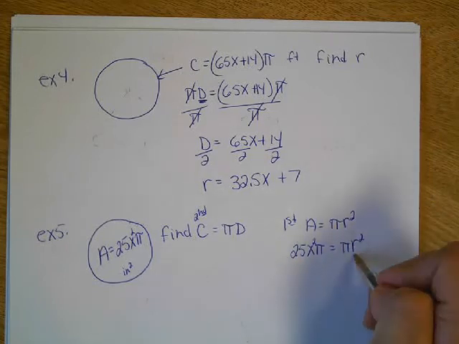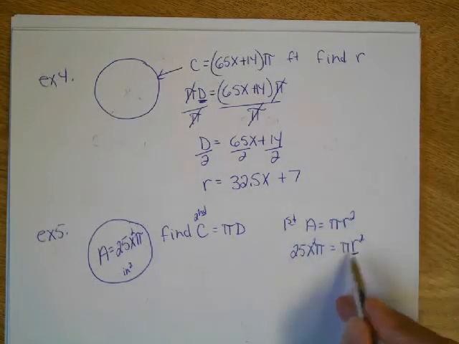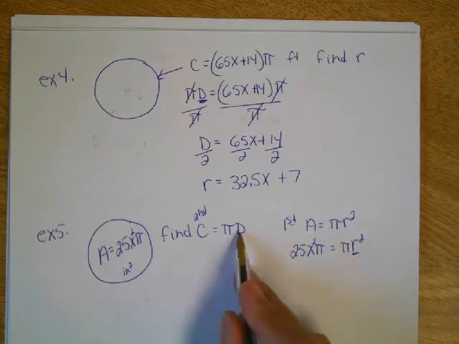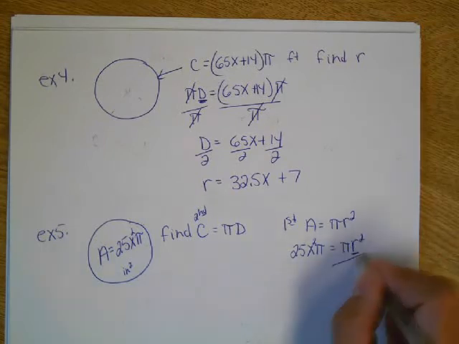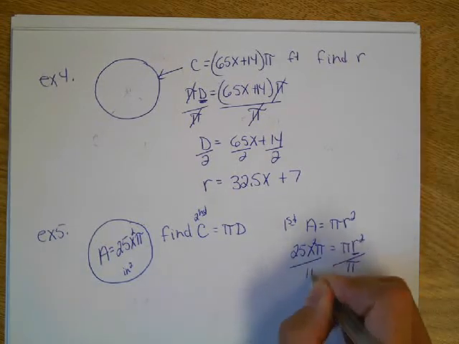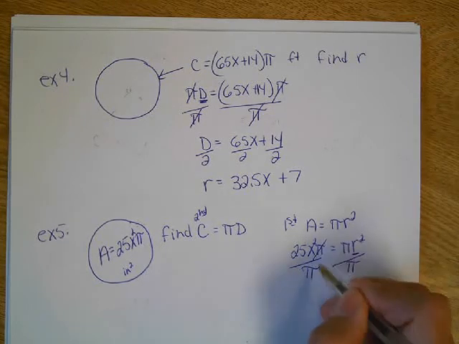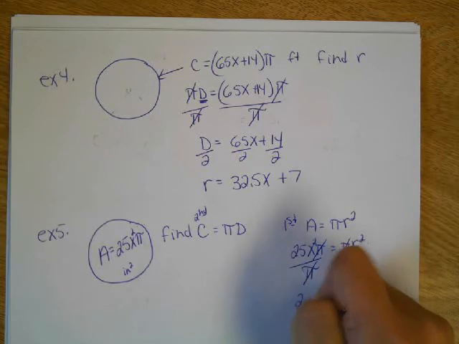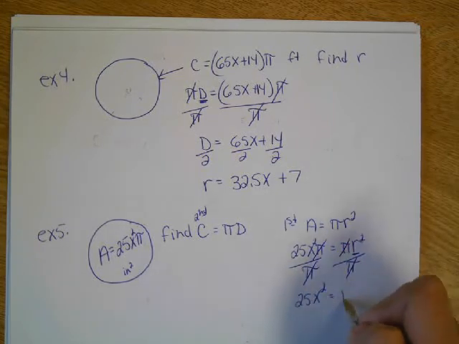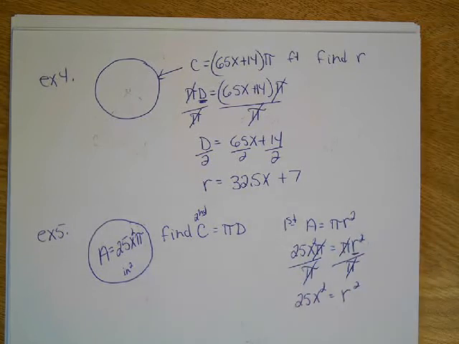Working backwards, now my prize is solving for the radius, so that I can then double it to get the diameter and plug it in here. So, first algebra step, leaving the r here, is get rid of the pi by dividing. No calculator needed because there's one on each side now. So I've got 25x squared equals the radius squared.